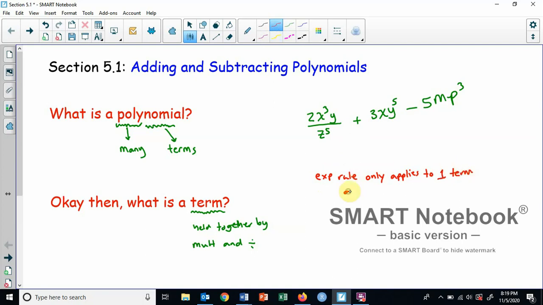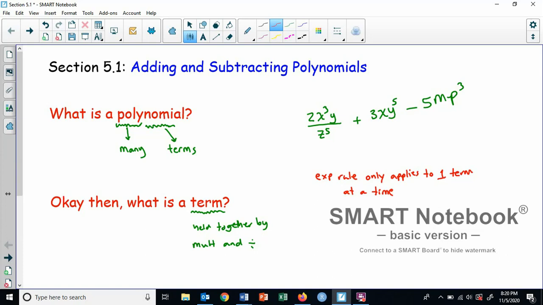A lot of those rules, we cannot combine like bases across an addition or across a subtraction. We can only combine like bases if they're already in the same term. And if there's a plus sign, I cannot do exponent rules. We have another way of combining like terms.